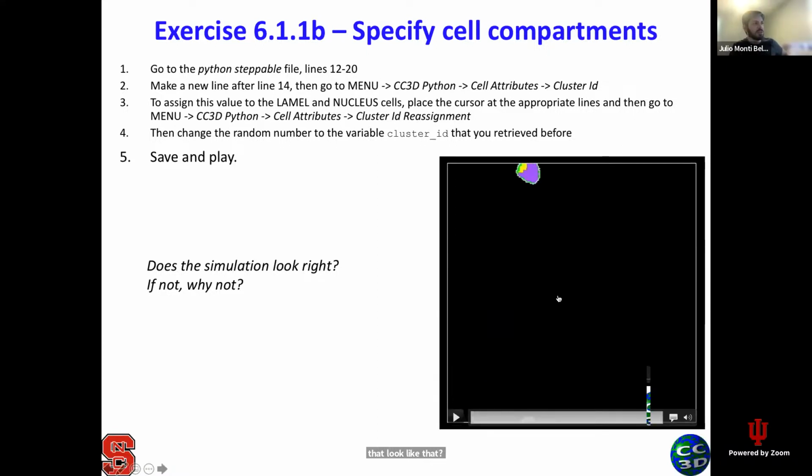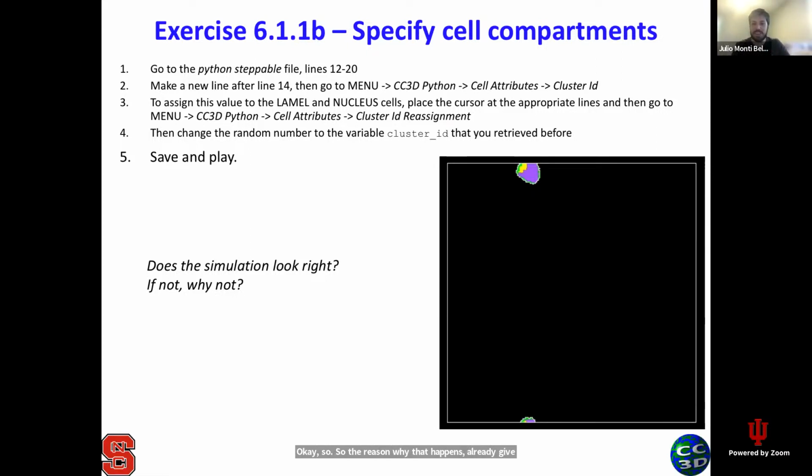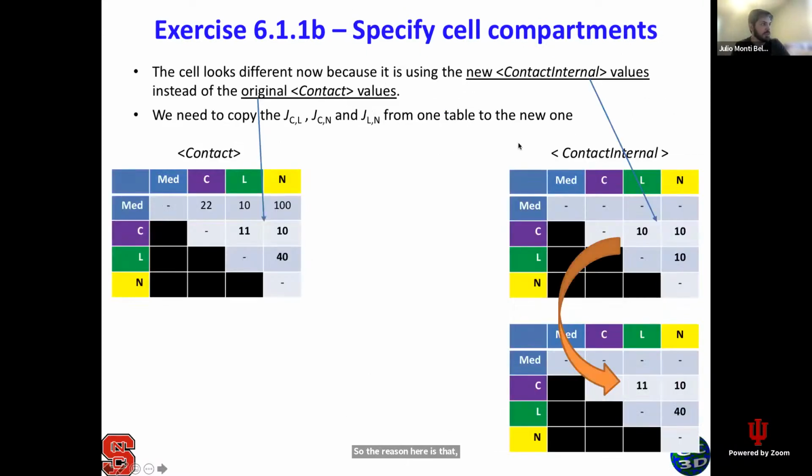So the reason why that happens, and Sharon has already given the answer, is because we didn't fix the internal contact energies. Okay, so the reason here is that before, the simulation was looking fine because we were using the external contact energies.